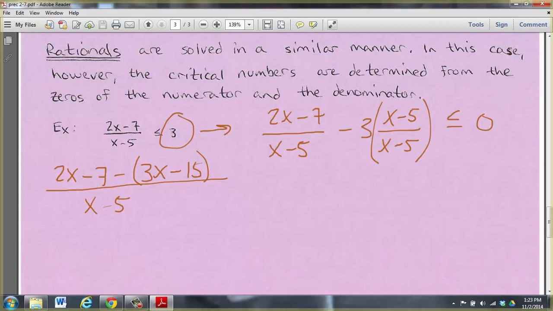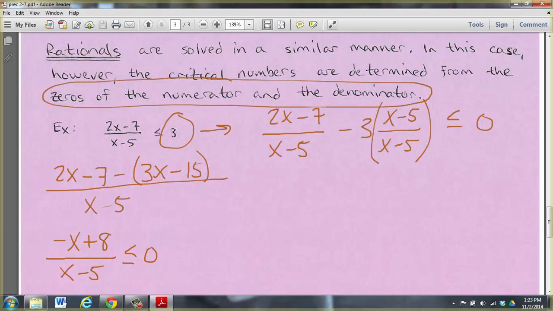2x minus 3x is a negative x. Negative 7 minus a negative 15 is 8. So that's what that simplifies to. We want it less than or equal to 0. Our critical numbers are determined from the zeros in the numerator and the denominator.